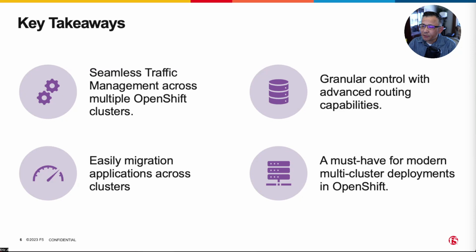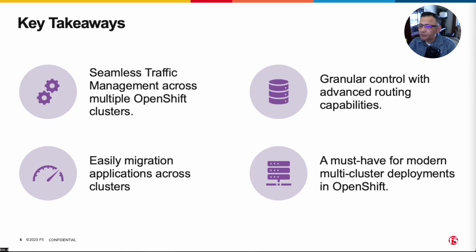That's an excellent question. First of all, multi-cluster CIS and GSLB appear very similar, but I think they are addressing different challenges. The CIS is more tailored to optimize the traffic across OpenShift clusters.